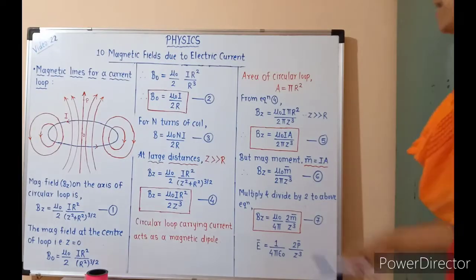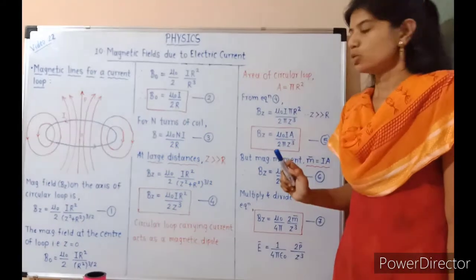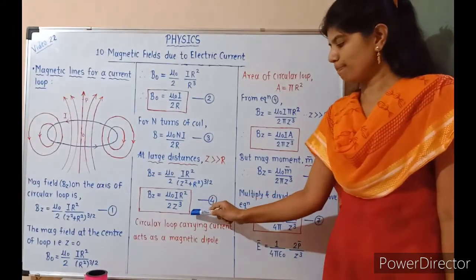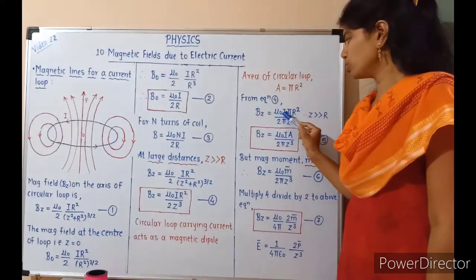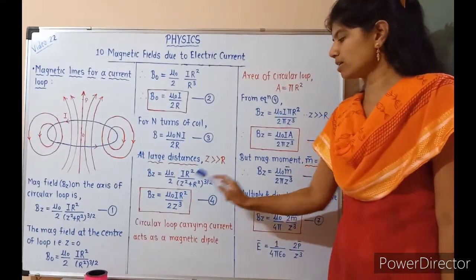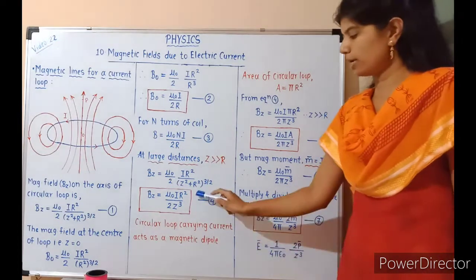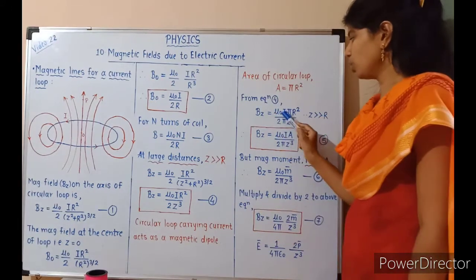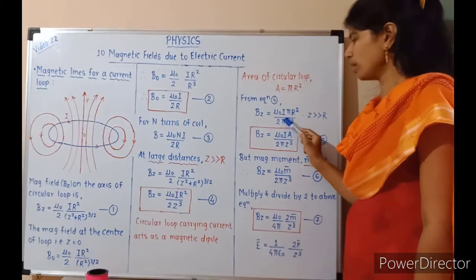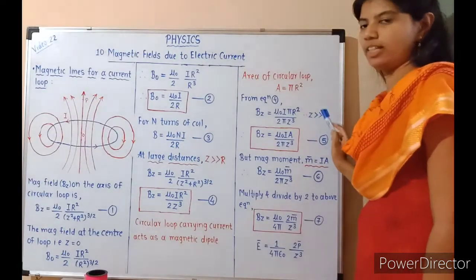Now we know that the area of the circular loop A is equal to pi r square. So multiply and divide equation 4 by pi, we get Bz is equal to mu 0 I pi r square upon 2 pi z cube, and z is very much greater than r.